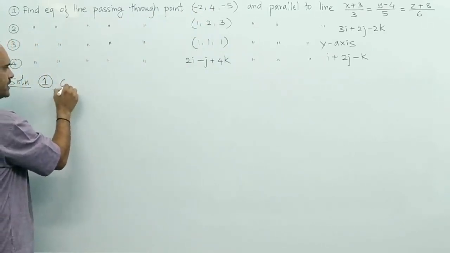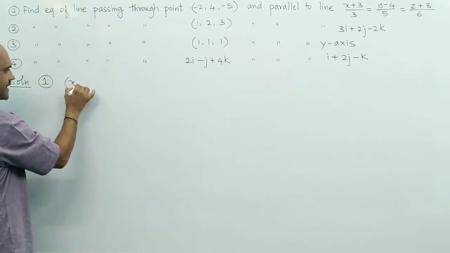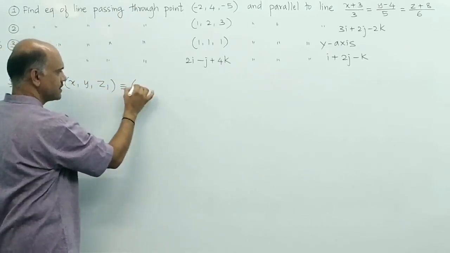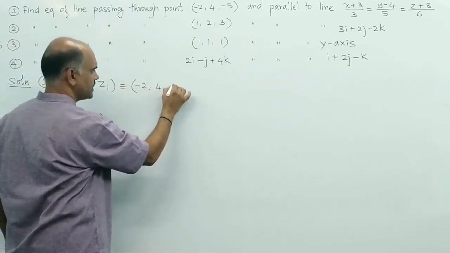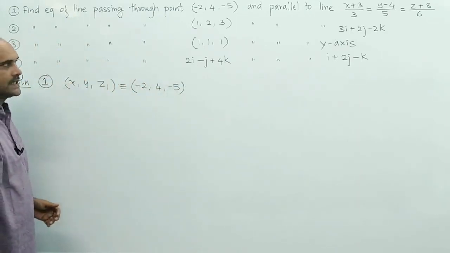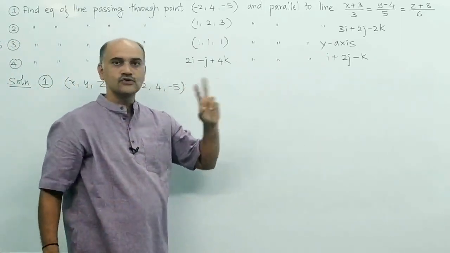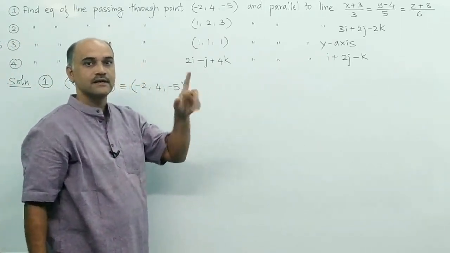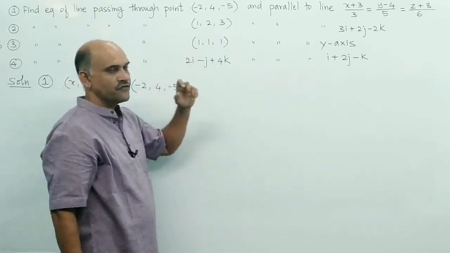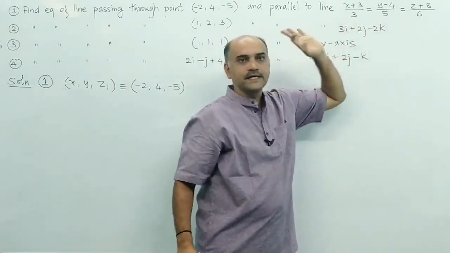So for the given point, I will take it as x1, y1, z1, which he has given as -2, 4, -5. And parallel to a line, he says. If lines are parallel, then both lines will have the same direction cosines or the same direction ratios. Means for the required line also, A, B and C will be the same.